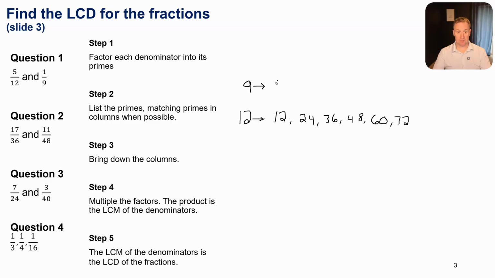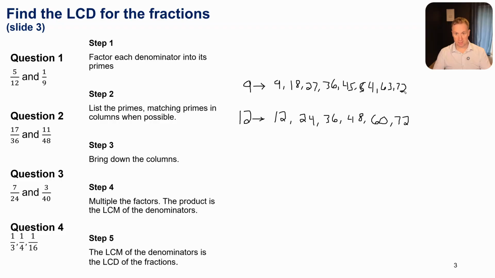And then 9, we have 9, 18, 27, 36, 45, 60, excuse me, not 60, 54, got ahead of myself, 63, there we go, and then 72.